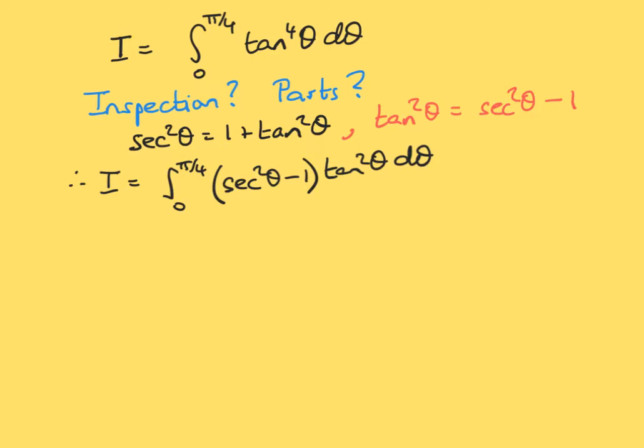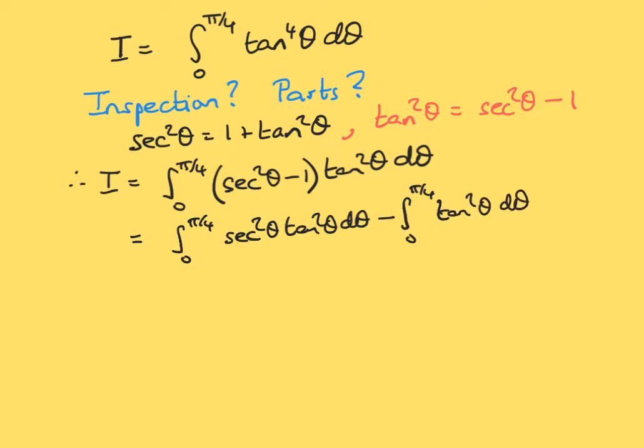So let's just do this. So we have the integral from 0 to pi over 4, and then it's sec squared theta tan squared theta d theta. That's going to be an integral we can do by inspection, minus the integral from 0 to pi over 4, and then it's just the integral of tan squared theta d theta.